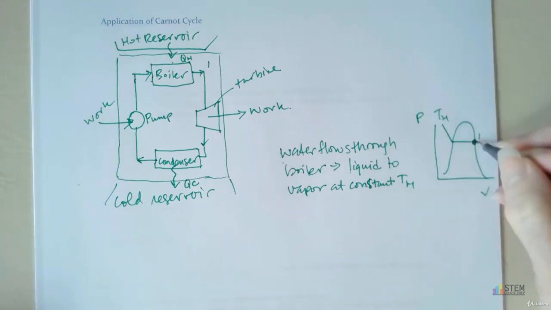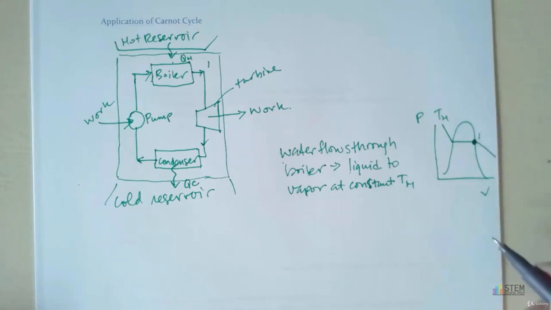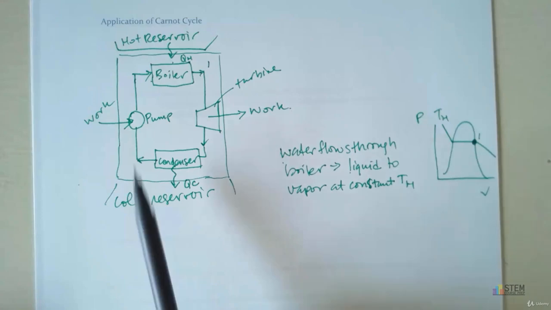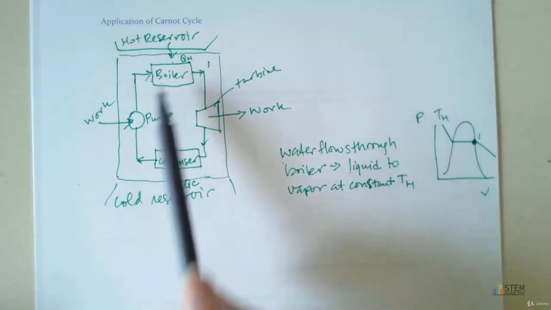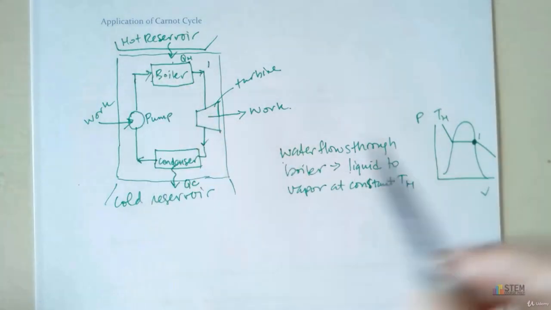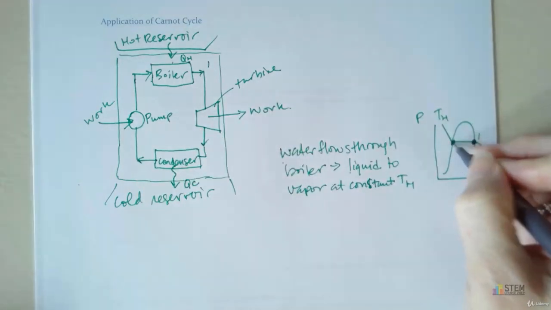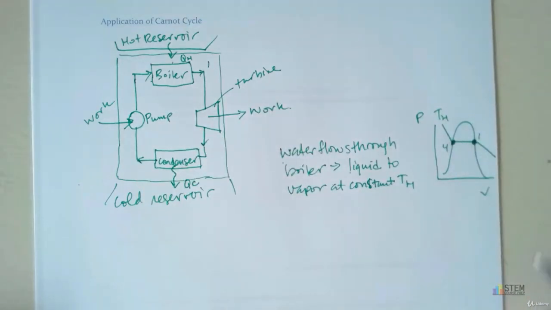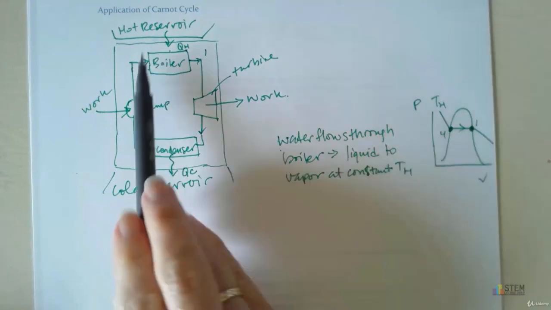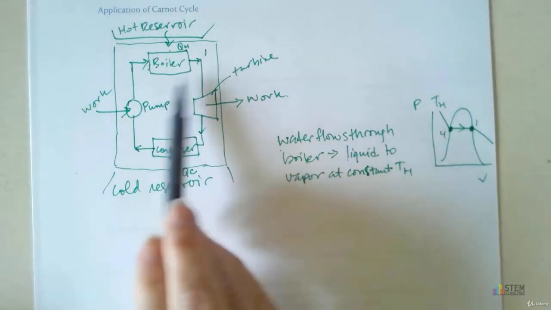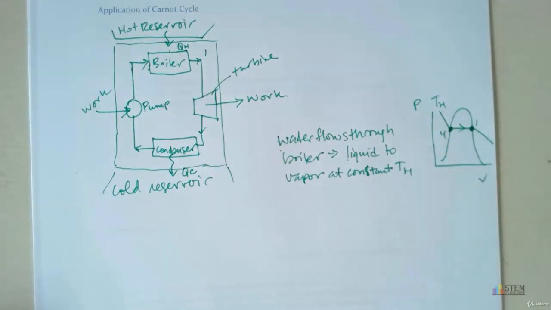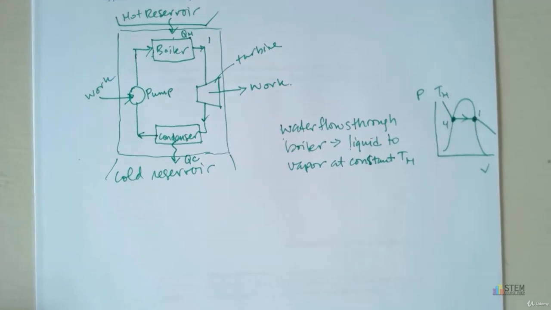Because we're going to have all vapor. So we're at state 1, and you'll see in a minute when we talk about state 4 that when we leave the pump and come into the boiler, we're going to be at state 4, which is over here. So you might want to put that on it. We'll talk about this point in just a second. All right, so this is the process that the boiler takes care of. It does boiling, creates vapor, vaporizes that water.